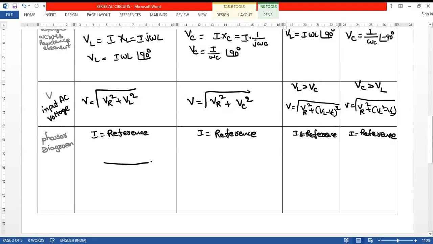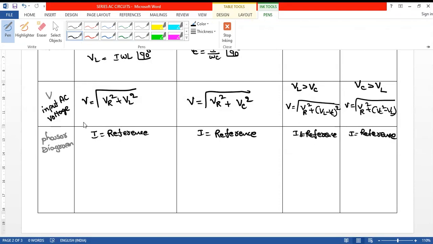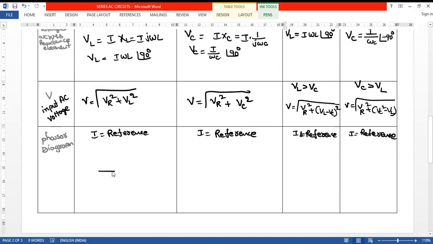If we take I as the reference, this one is the I phasor, and with this reference current, VL is 90 degrees leading. This one is I, this one is VL.